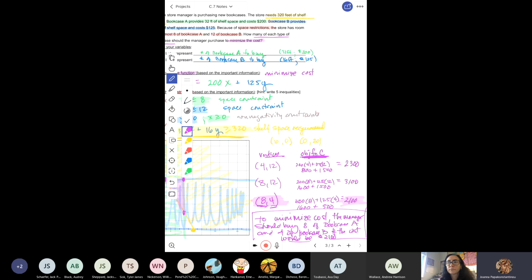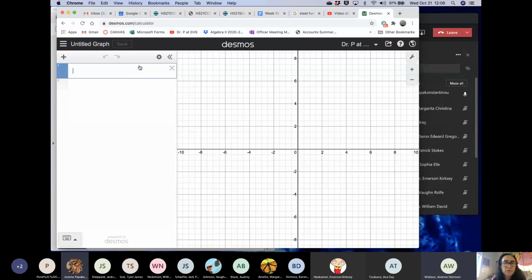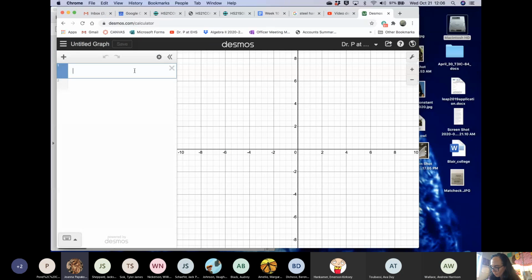There you go. Now, in the last few minutes, just for fun, because we love to graph in Desmos, let's go ahead and graph this problem. I'm going to take each of those 5 constraints.